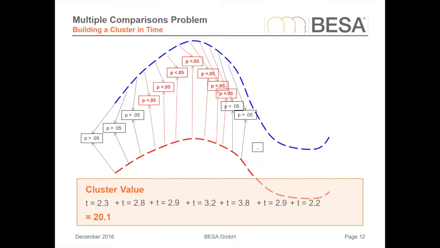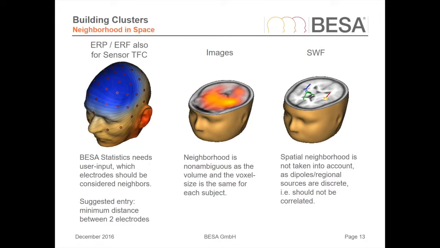Please note that the algorithm does not only build the clusters in time, but also over frequency and spatial neighborhood. And spatial neighborhood needs to be defined. So first of all, let's have a look at the case where we have sensor data. We're measuring on the outside of the skull, on the skin surface.